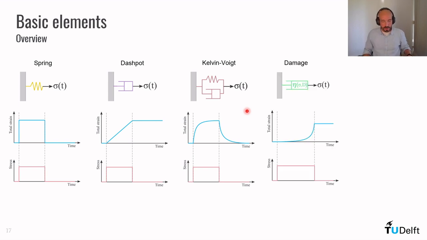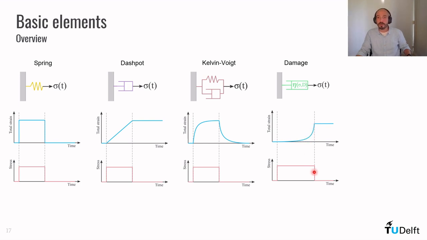Another element that is not so common, but will be useful for us, is a special type of dashpot that behaves like this. When we apply a certain stress condition, a constant stress, the dashpot initially doesn't deform, but as time passes by, it starts to deform faster and faster and faster.